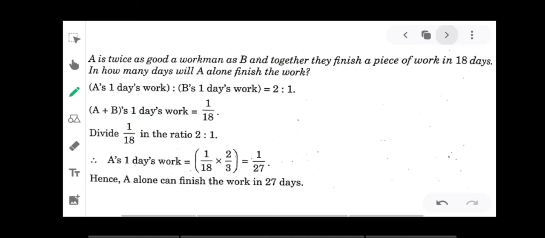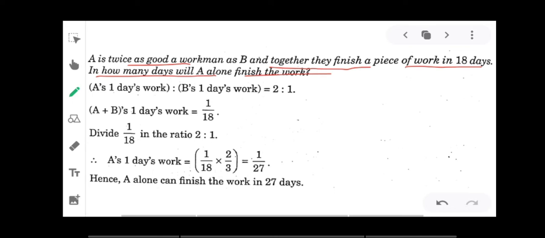Okay, next question. A is twice as good a workman as B, and together they finish the piece of work in 18 days. In how many days will A alone finish the work?